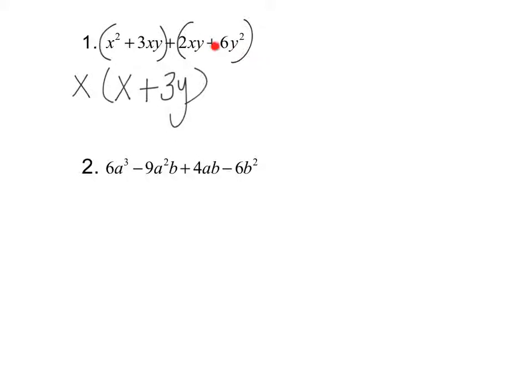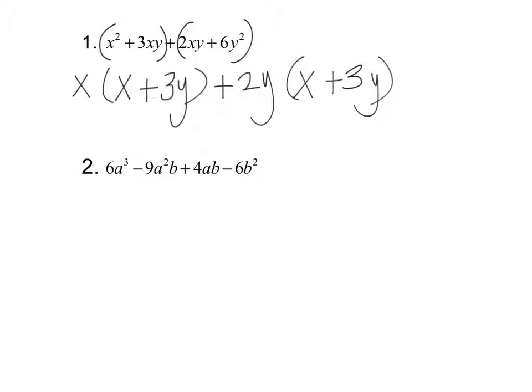Now let's move on to the next group. 2 and 6, so there's a 2 in common, plus 2. Now I see that there is an X here, but no X here, so there's no X in common. Y and Y squared, so I have a Y in common. If I factor 2Y out of the 2XY, X is going to be left, plus 6 divided by 2 is a 3, and I factored a Y out of the Y squared, so only Y will be left.